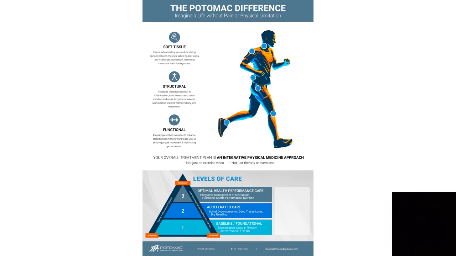But the bottom line is these injuries go largely undiagnosed. 1 in 3 visits to a primary care physician are for musculoskeletal injuries or complaints. And these soft tissue and joint injuries go largely undiagnosed, mostly due to a lack of understanding of how integrative the human machine actually is.